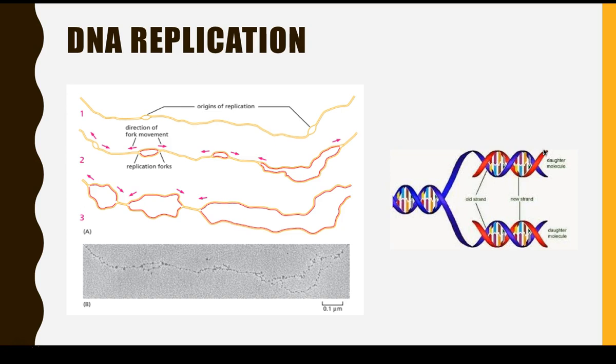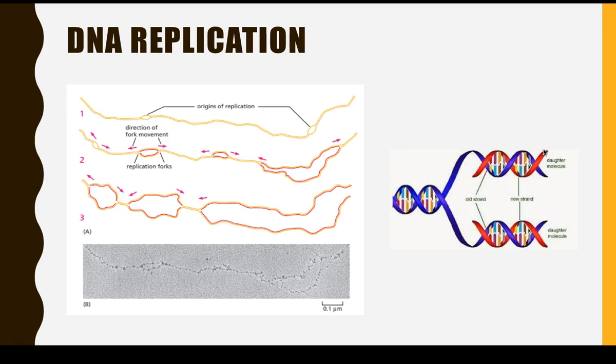Cells have initiator proteins that break the hydrogen bonds starting at the replication origins. Human DNA has many replication origins or replication bubbles. This makes DNA replication much faster than if it had to start at the beginning and go all the way to the end.